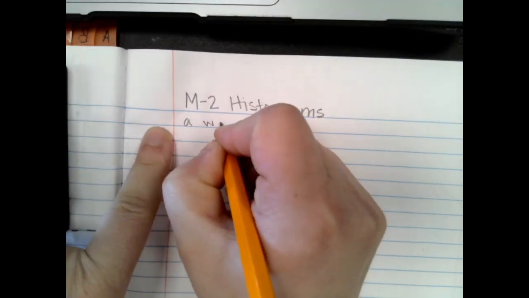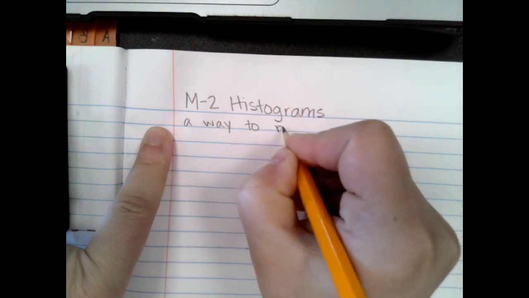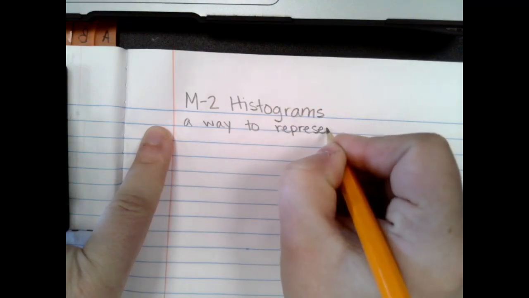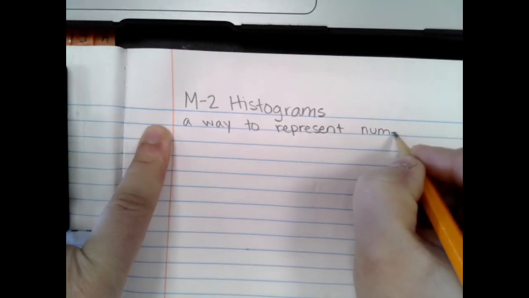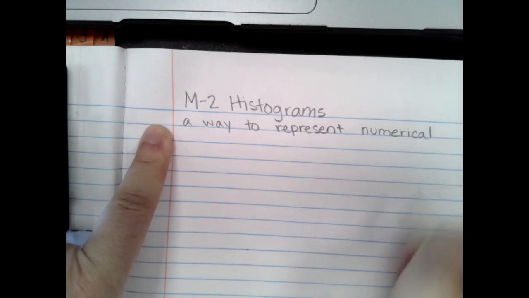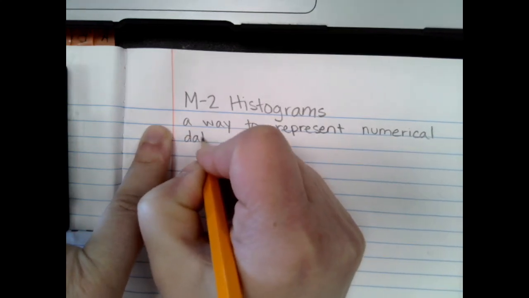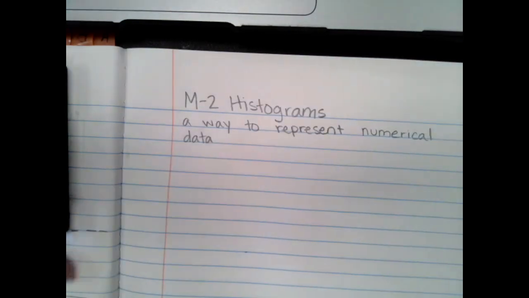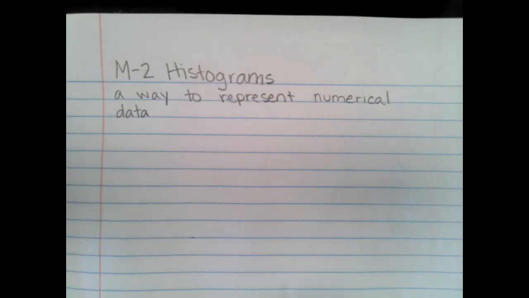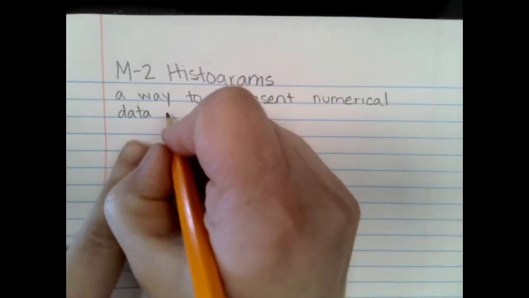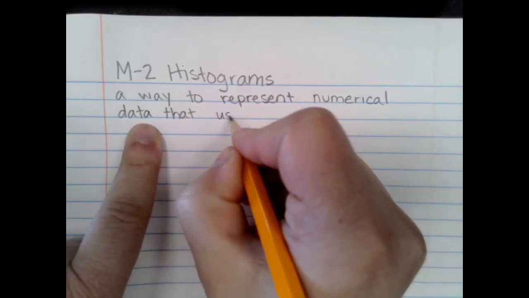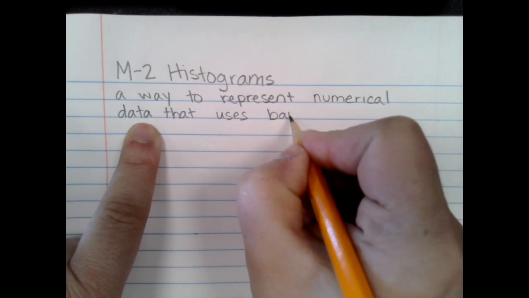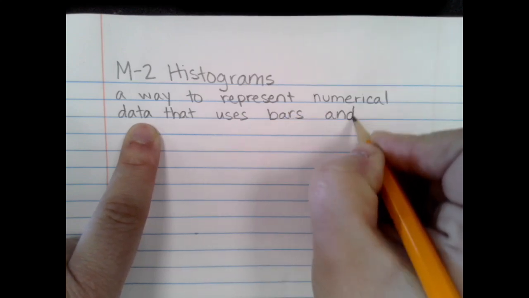All right, a histogram is, we're going to write our definition, and then we do have a glue in. Okay, it's a way to represent numerical data, so we're representing numerical data with numbers that uses bars, like a bar graph, but it's not a bar graph, it's a histogram, but it looks like one because it uses bars, and equal intervals.